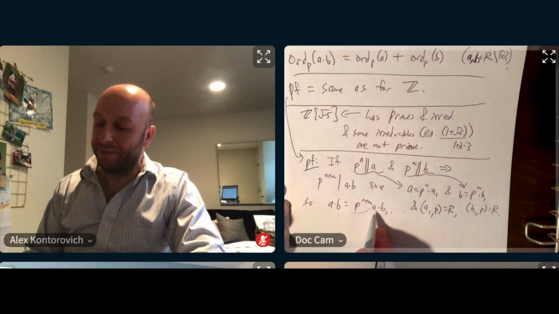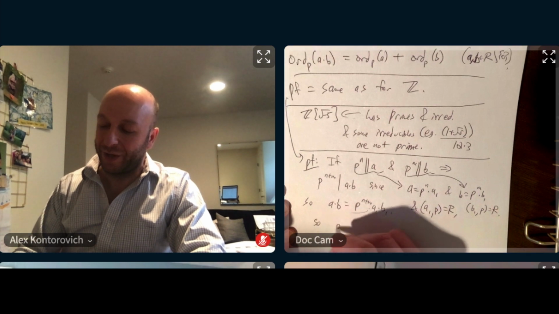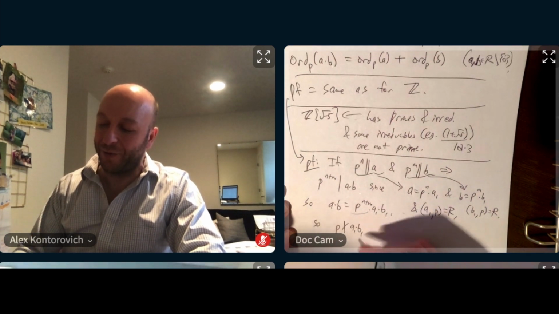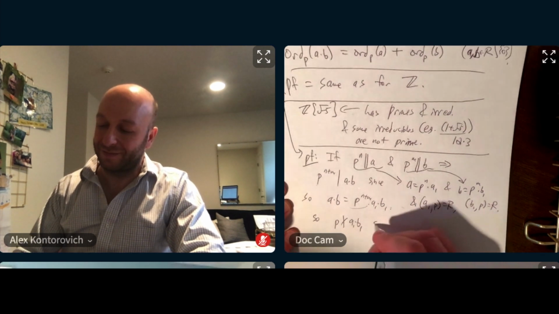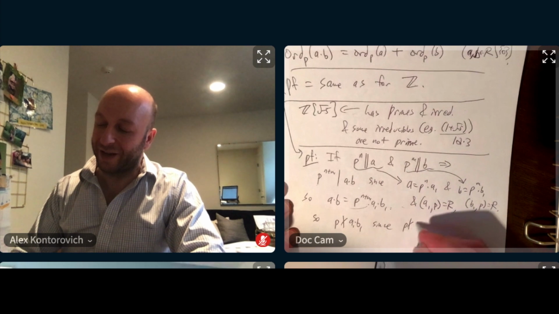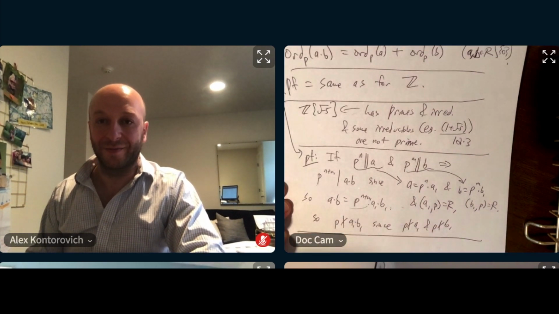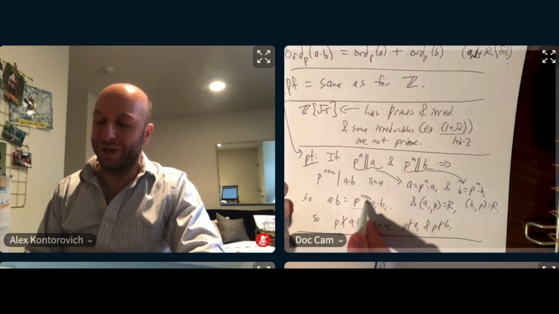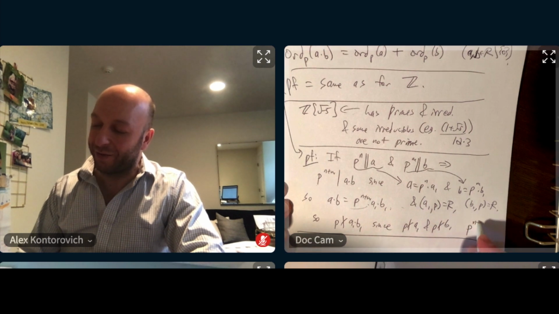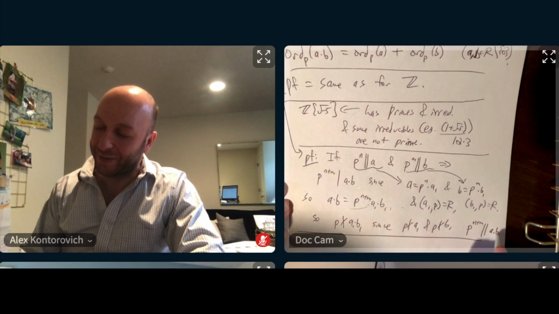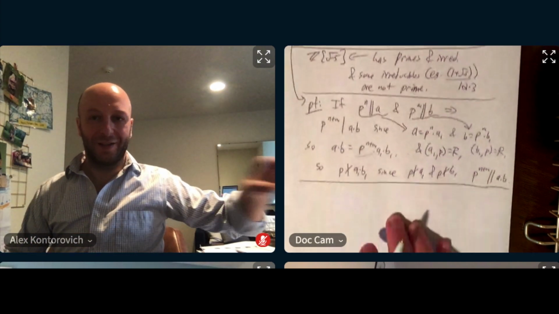And so p does not divide a1 times b1, because then it would have to divide one of them, since p does not divide a1 and p does not divide b1. And that's exactly what prime elements are. So n plus m is the highest power that divides, so p to the n plus m exactly divides a times b. Okay? So far, so good?